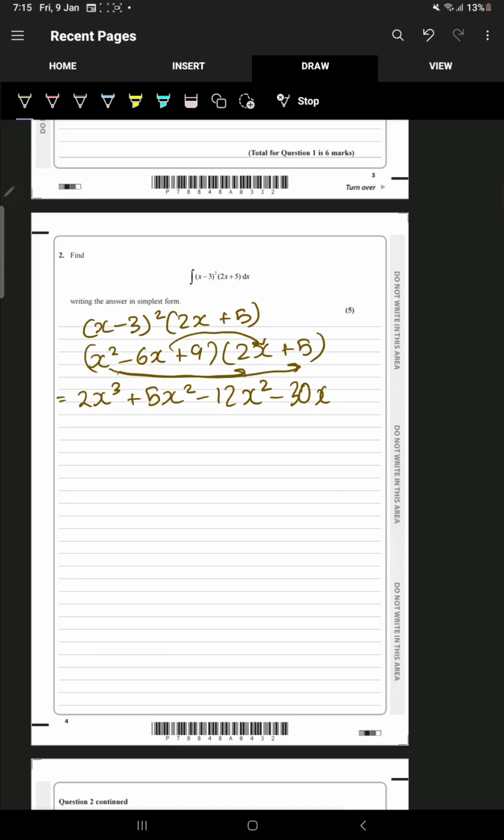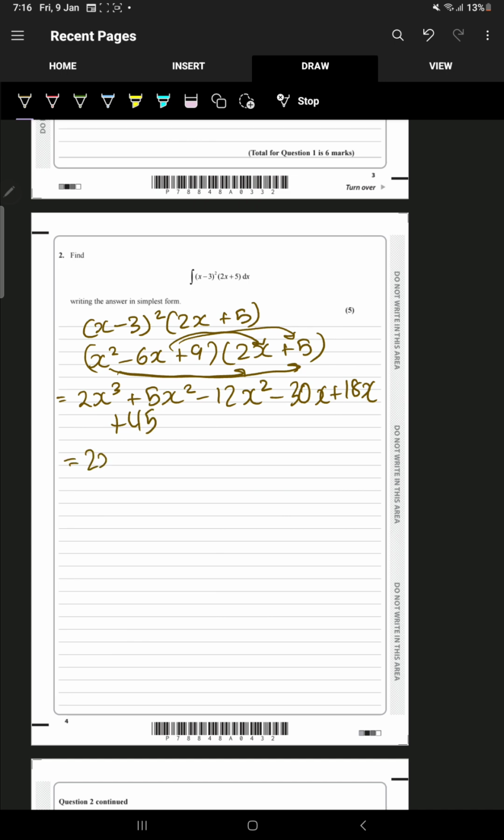Now 9 times 2 is plus 18x, and 9 times 5 is plus 45.